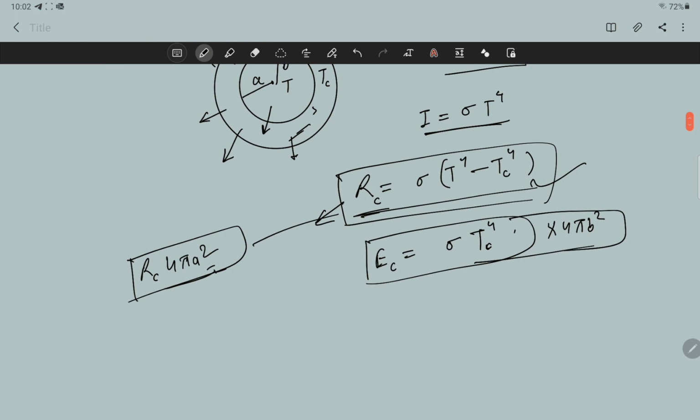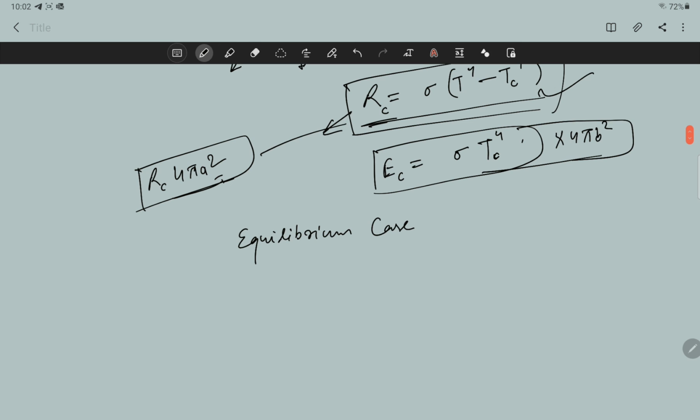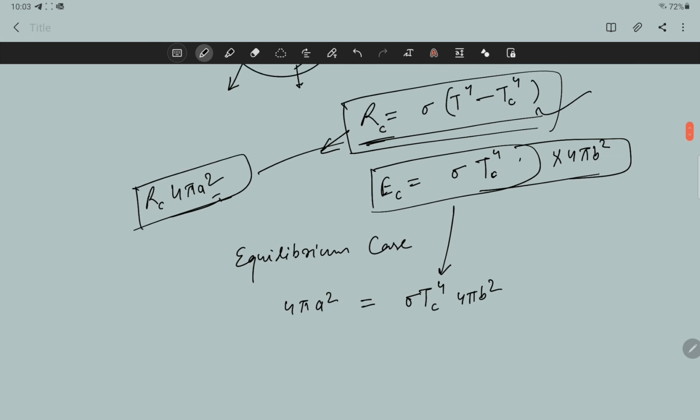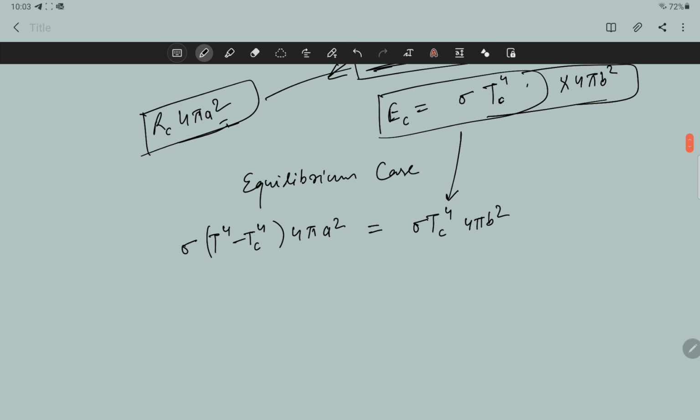So in the equilibrium case, the amount of energy received is equal to the amount of energy left. The amount of energy received is sigma T to the power 4 minus Tc to the power 4 times 4 pi a square, and the amount left is Ec times 4 pi b square. This is the case.